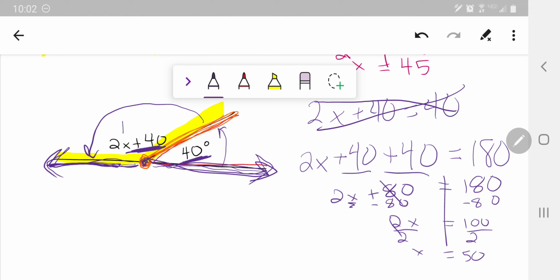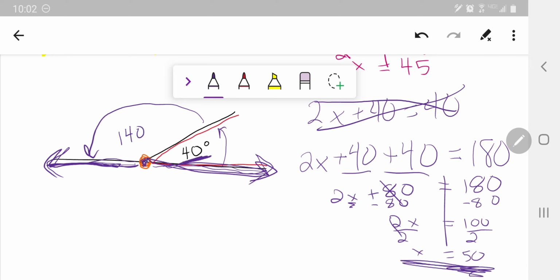Well, that means that if we replace x with 50, we'll do 2 times 50 is 100, plus the 40 is 140. So this angle actually equals 140, if x is 50, right?